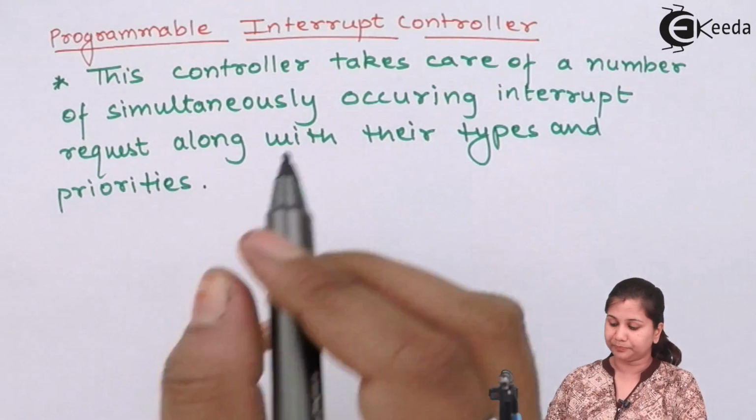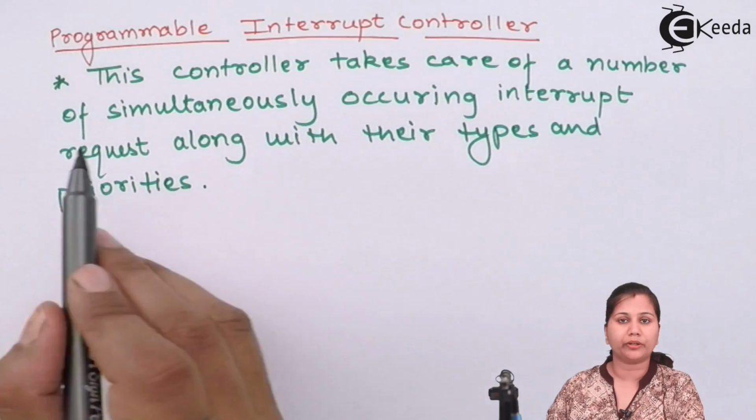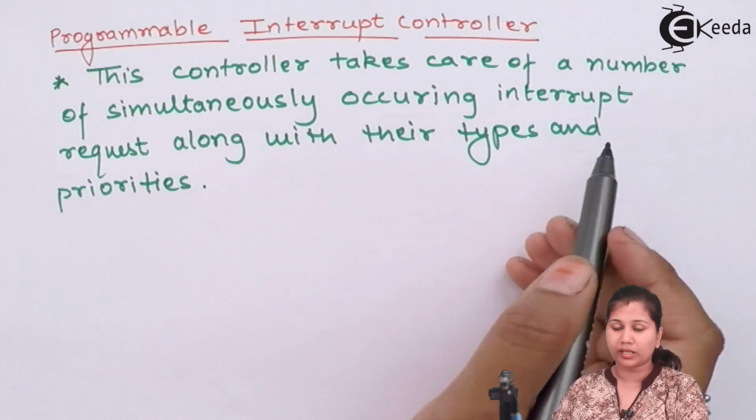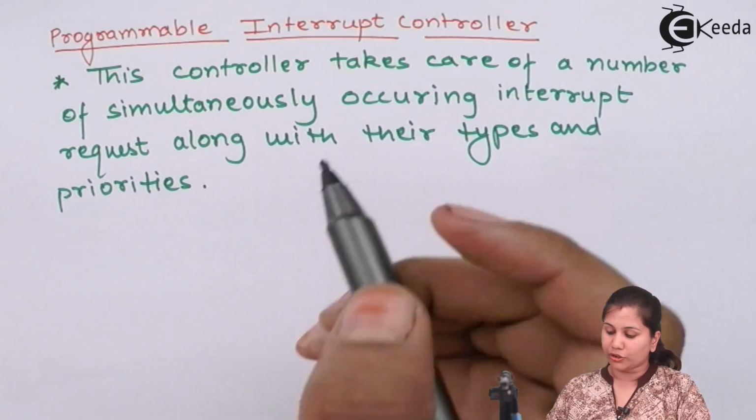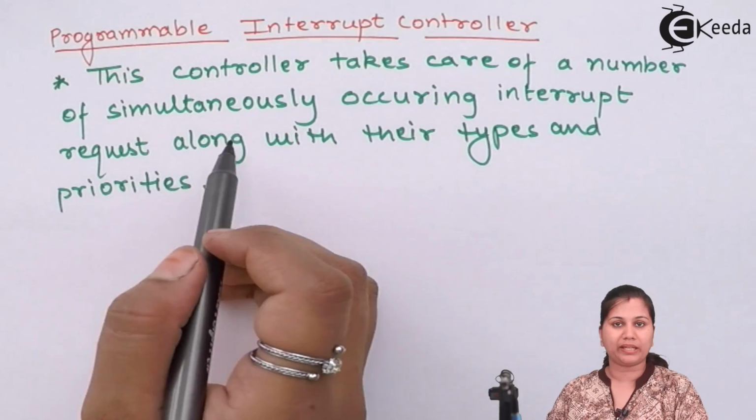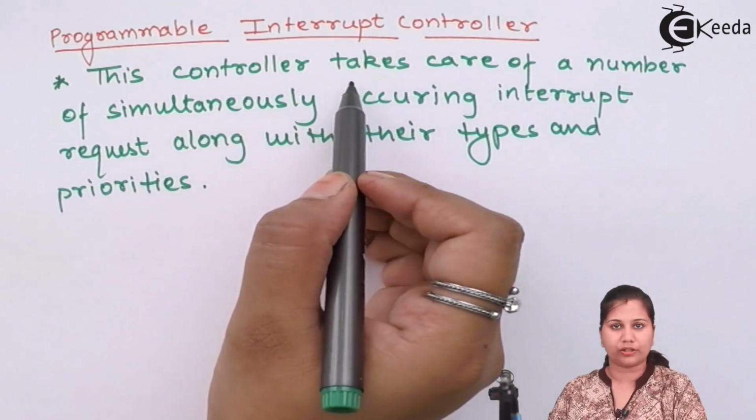So this controller takes care of a number of simultaneously occurring interrupt requests, which means when there are many interrupt requests occurring at the same time, that type of interrupt request can be handled using this controller.